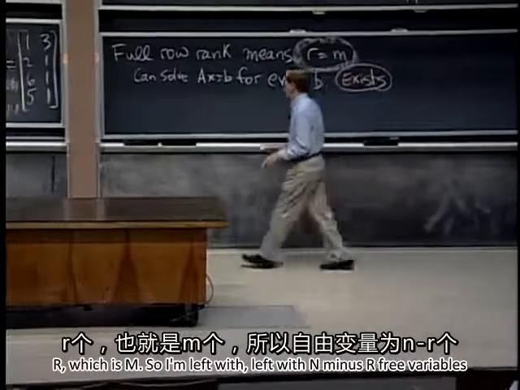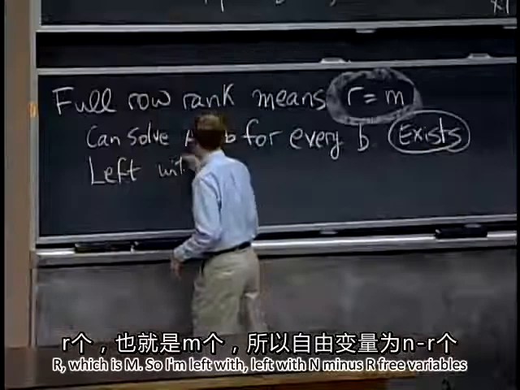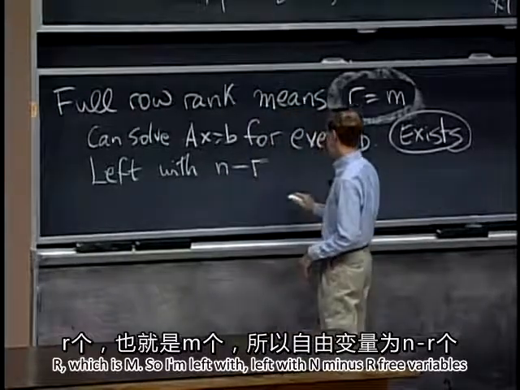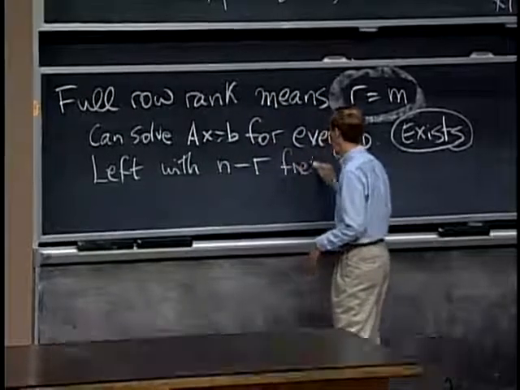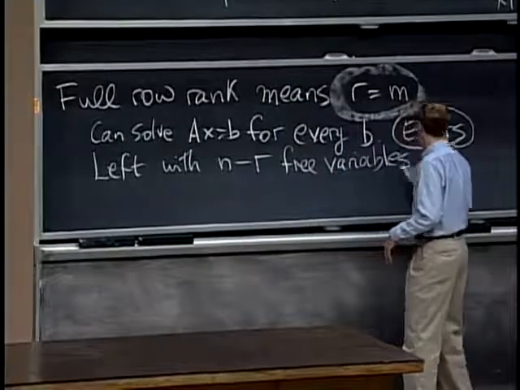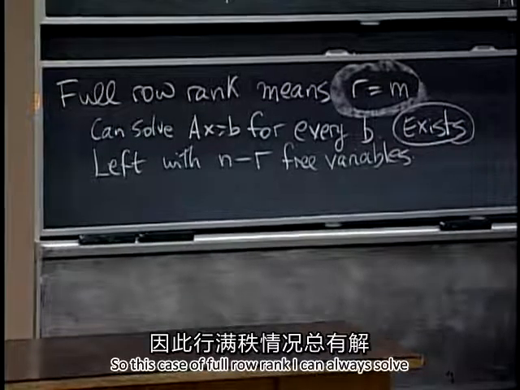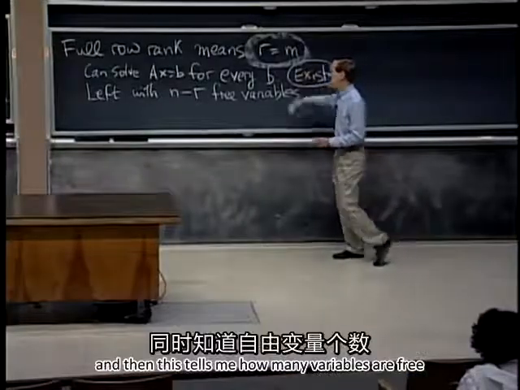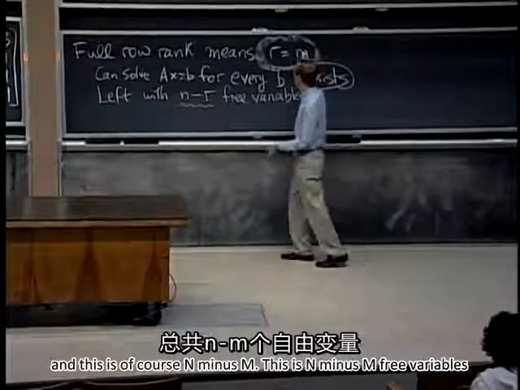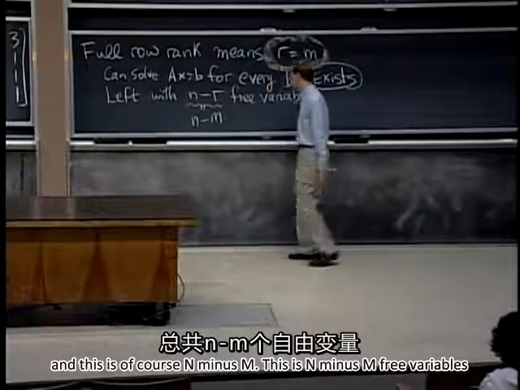So I'm left with n minus r free variables. Okay. So this case of full row rank, I can always solve, and then this tells me how many variables are free. And this is, of course, n minus m. This is n minus m free variables.